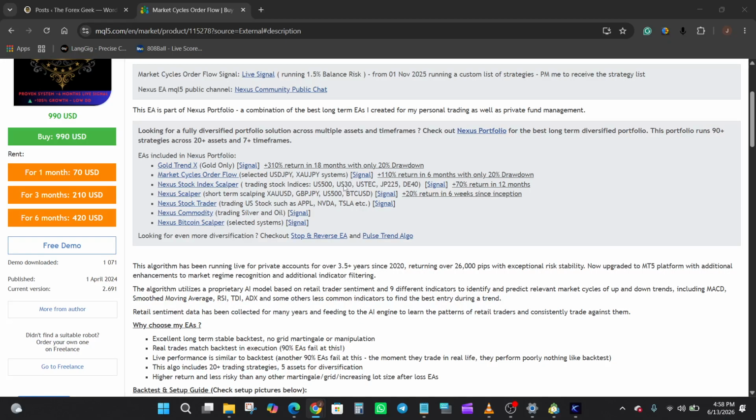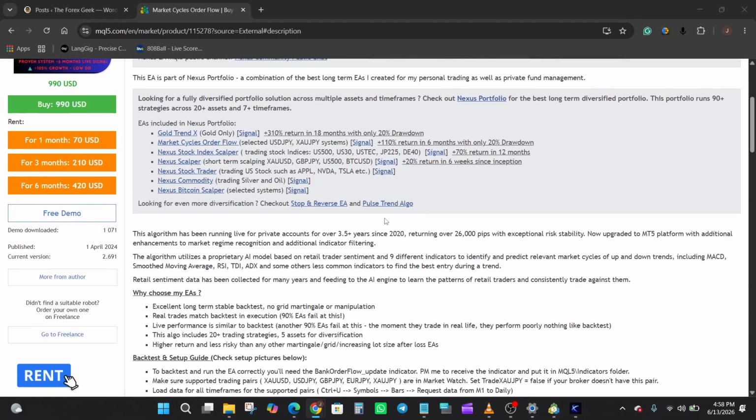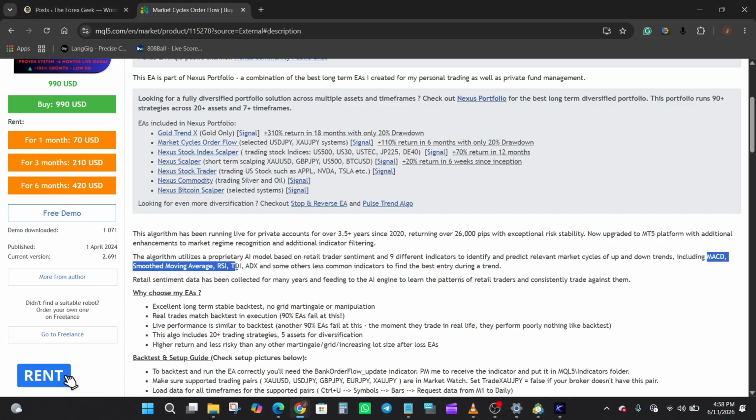According to the developer, the EA uses a proprietary AI model that incorporates retail trader sentiment data alongside 9 different indicators. Now, some of the indicators specifically mentioned include MACD, smooth moving average, RSI, TDI, and ADX.